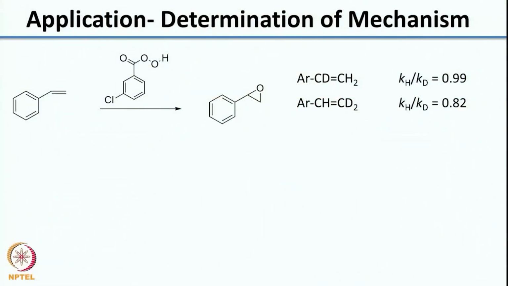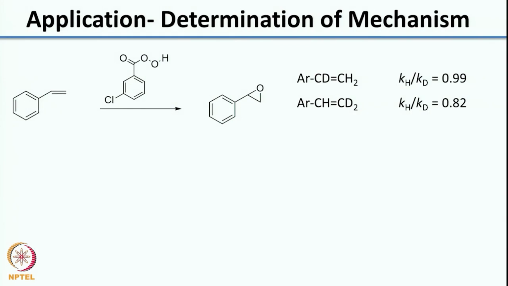So this is a nice illustration of how you can get two products and each has a different rate determining step. Now let us see another example where the kinetic isotope effect information could be used to determine the nature of the transition state and the mechanism of a given reaction. The reaction is shown on your screen. This is an epoxidation reaction.